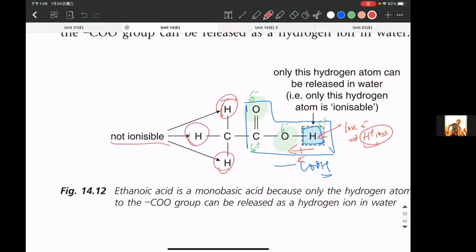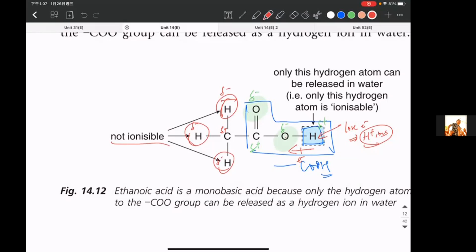Why is it not so ionizable? Because you check the electronegativity: there is only a very slight change in electronegativity. So the formation of hydrogen ion is less readily made. For the CH bond, the bond is only very slightly polar.